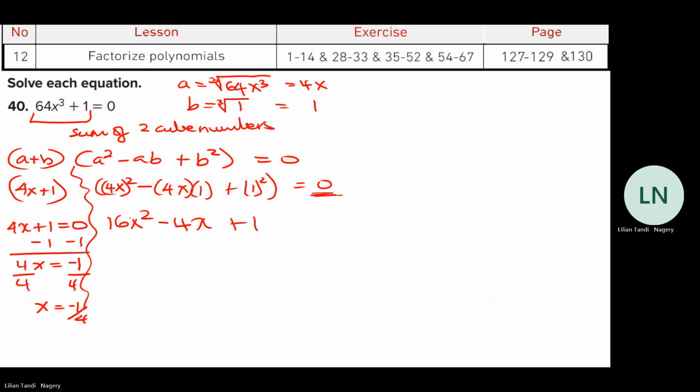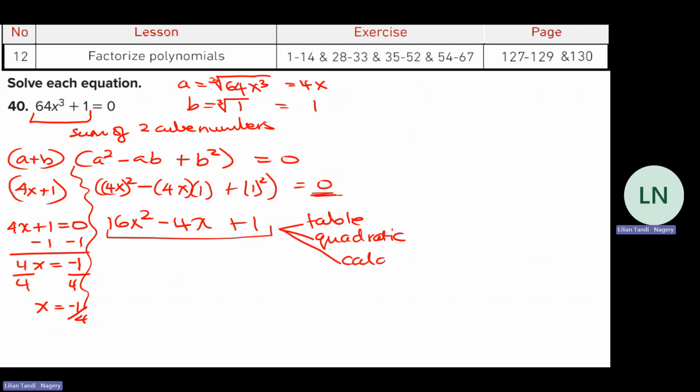If you do this with the quadratic formula or calculator, you should get 2 roots, and your 2 roots will be 1 plus or minus i root 3 over 8.